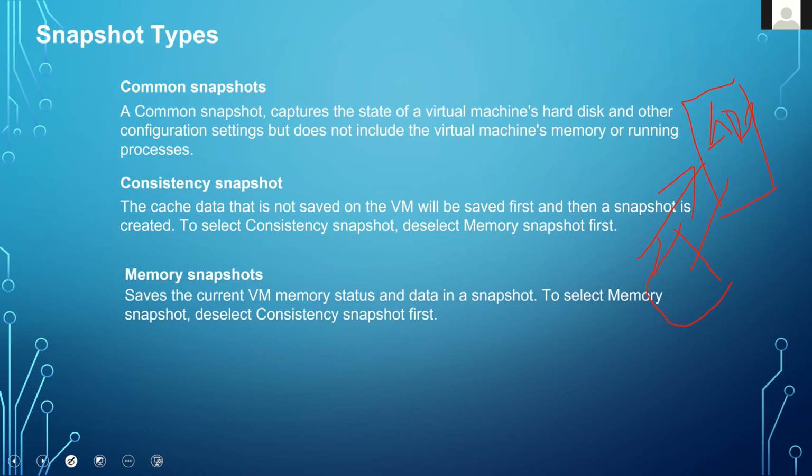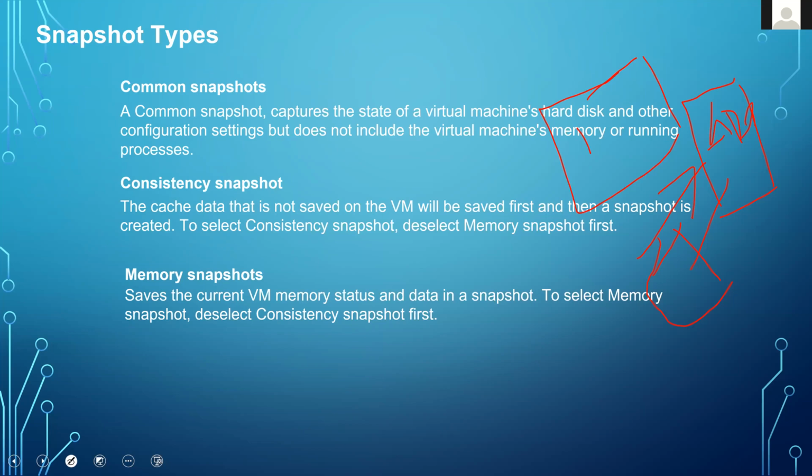The third one is the memory snapshot. In a memory snapshot, whatever is in your memory, it will save your memory state to the disk as well. So whenever you restore your snapshot, you will get the same thing that was running at that time. I'll give you a simple example, and I will test it in the lab as well.